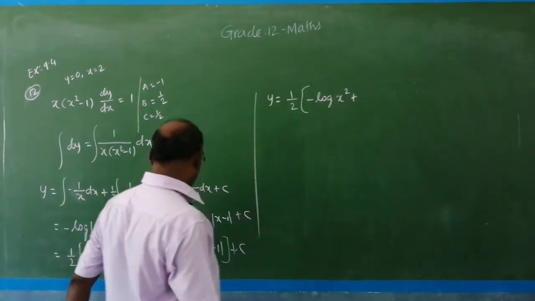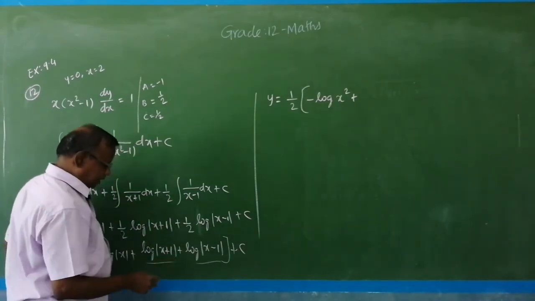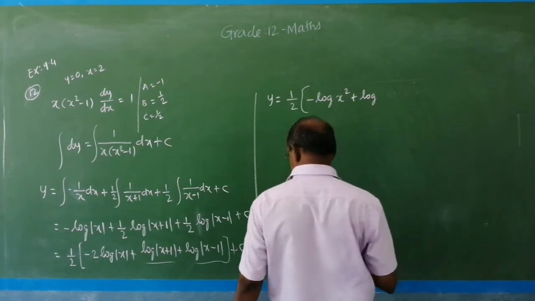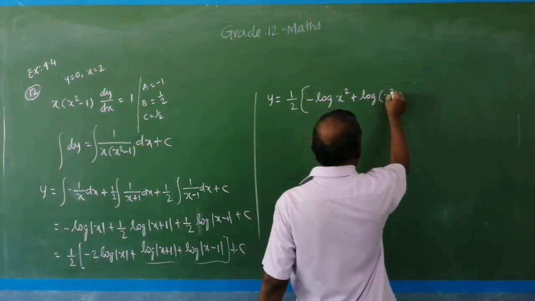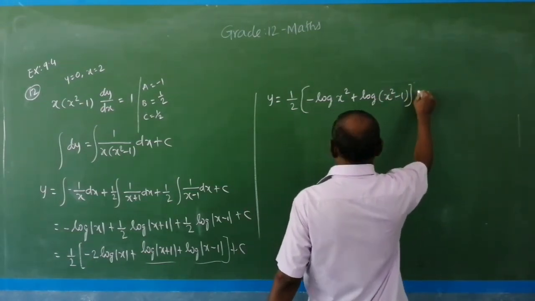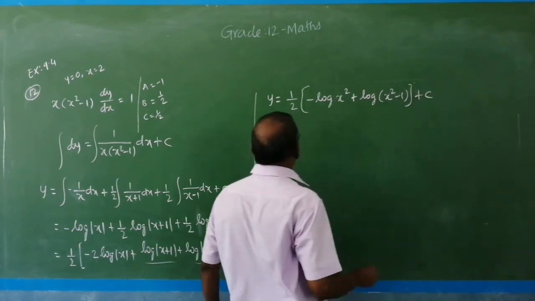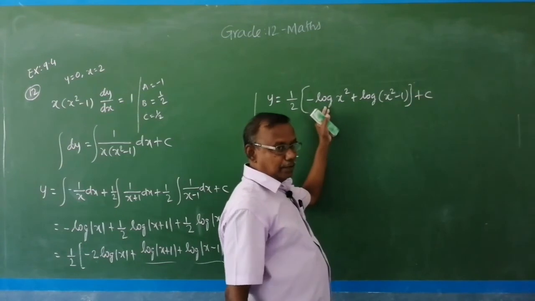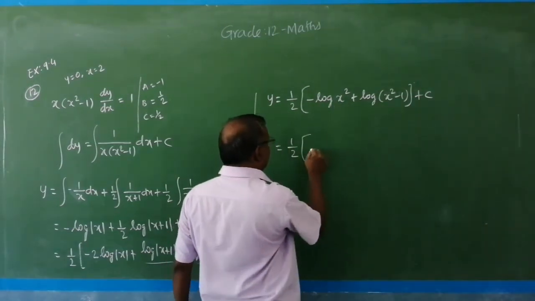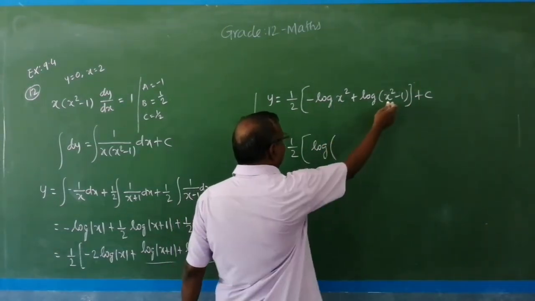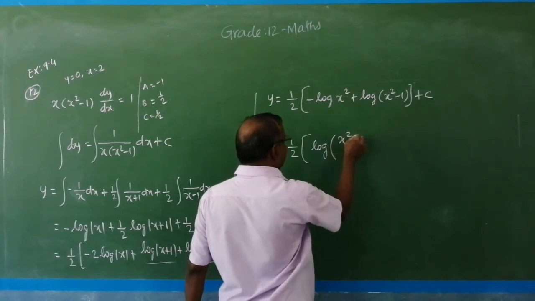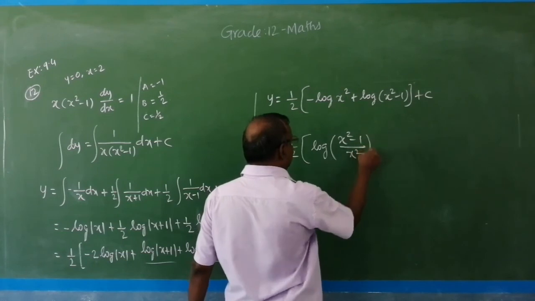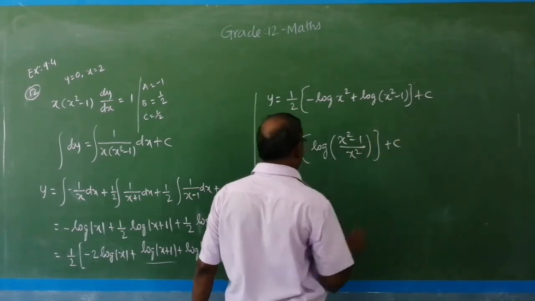Plus, log a plus log b equal to log ab, accordingly it is log of x plus 1 into x minus 1, which means log of x square minus 1, plus c. Again 1 by 2 into log a minus log b equal to log a by b. A means the positive value, that is x square minus 1, and b means the negative value, that is x square, and plus c.